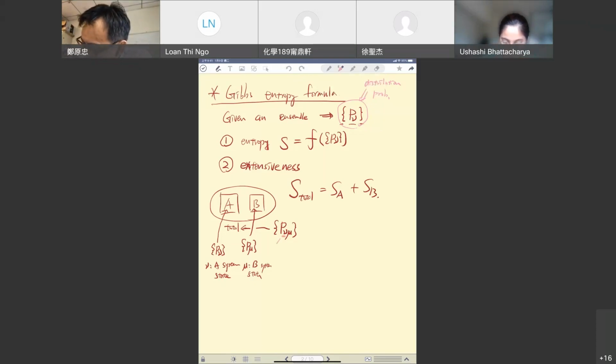To determine the state of this total system, you need to determine the individual state of each individual system. And because A and B are independent.